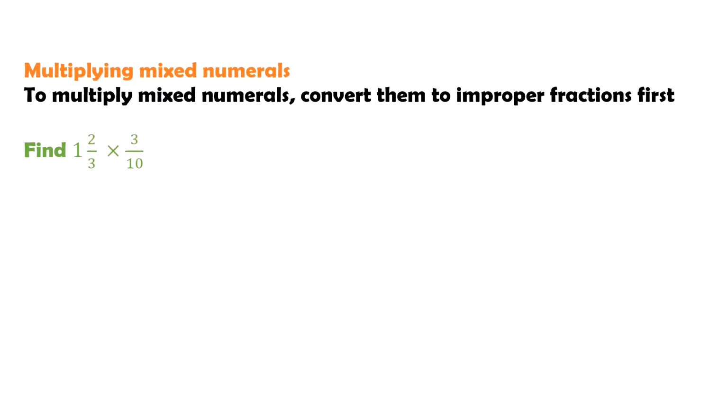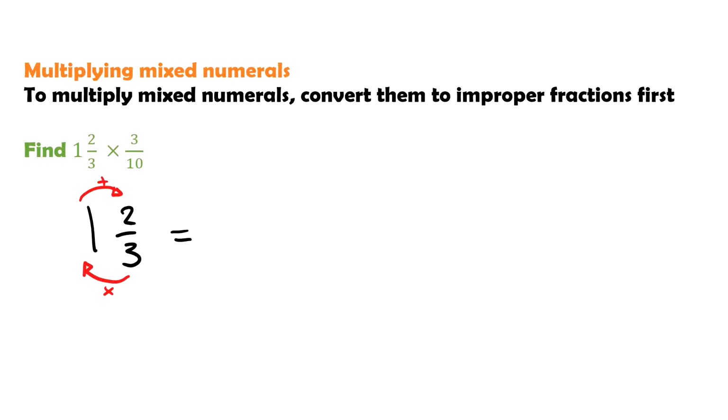The next thing we're going to look at is multiplying mixed numerals. So to multiply mixed numerals, we first need to convert them to improper fractions, and then we can do our regular multiplication. So we want to convert our 1 2/3 first. Now if you remember, when we're converting this to an improper fraction, we multiply our denominator and our whole number and then add our numerator.